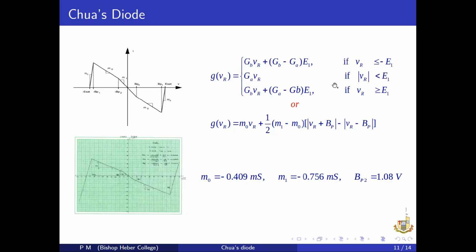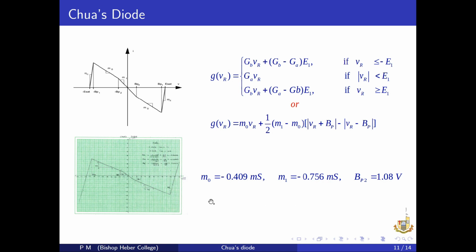This is another mathematical representation of the same curve, and by taking the experimental data from the laboratory, we plot the characteristic curve and we estimated the M0, M1 and BP values.